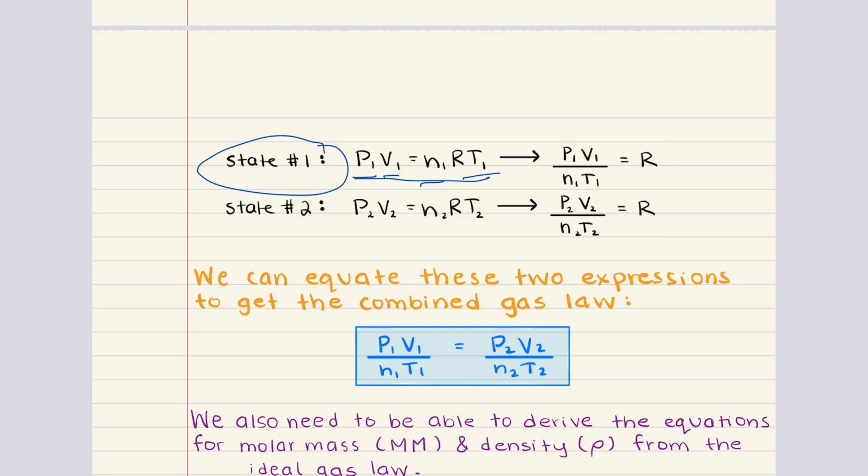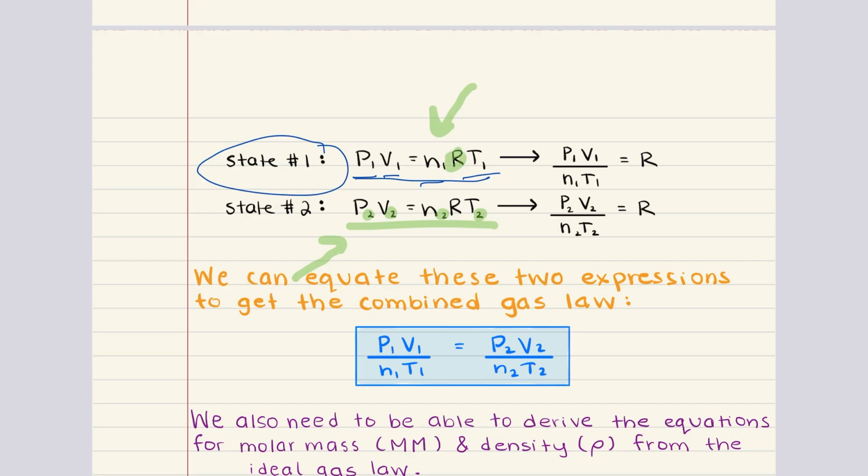And now it has new conditions. So we write the new ideal gas law for that evolution where the pressure is now P2 and the volume is V2, the number of moles is n2, and the temperature is now T2. So we've written the ideal gas law for state 1, initial state, and state 2, the final state.